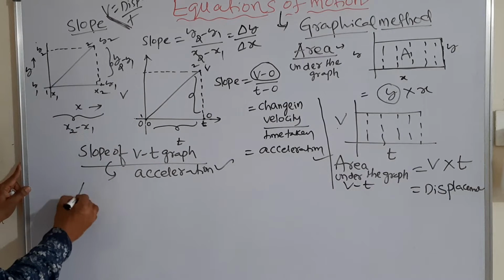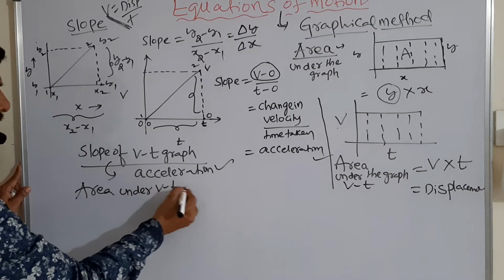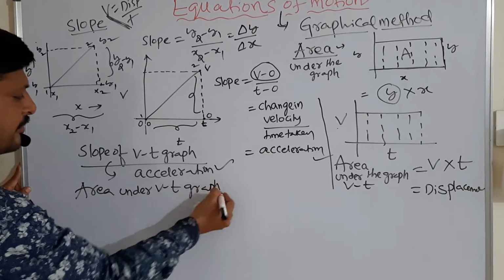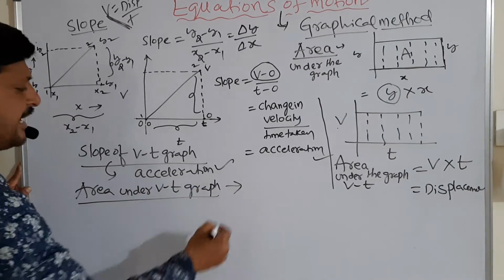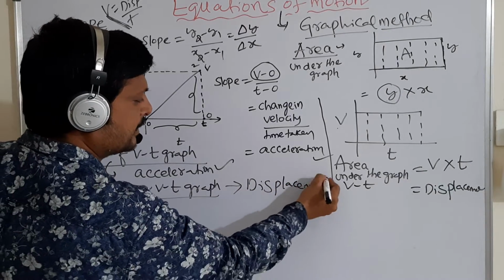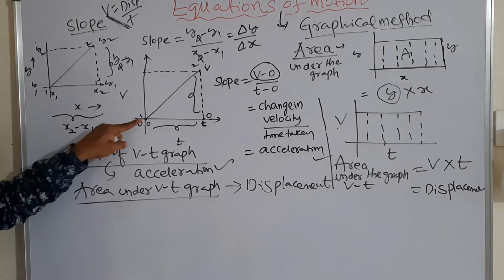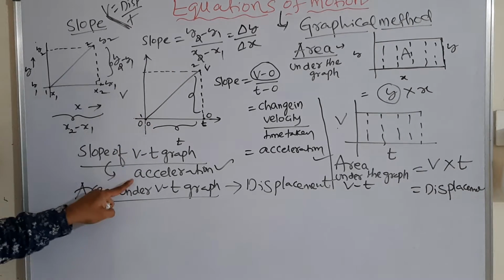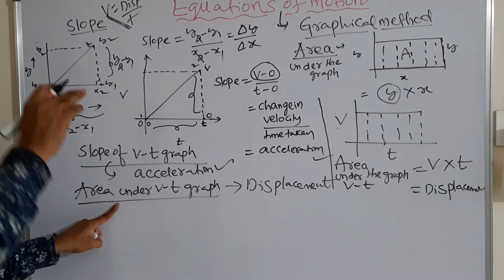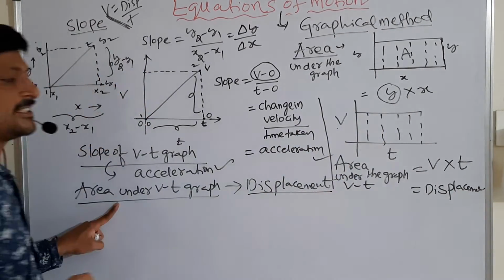So here I am writing: area under VT graph gives displacement. That means slope of VT graph gives acceleration, and area under VT graph gives displacement.